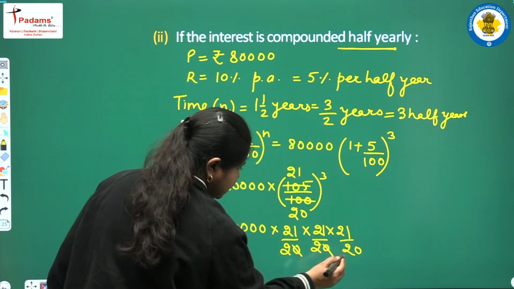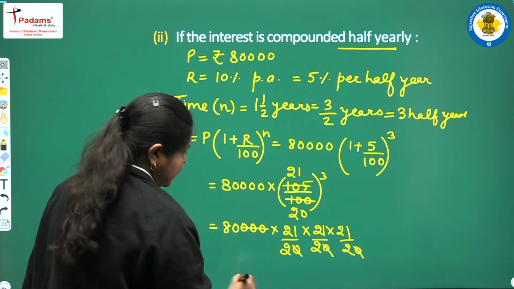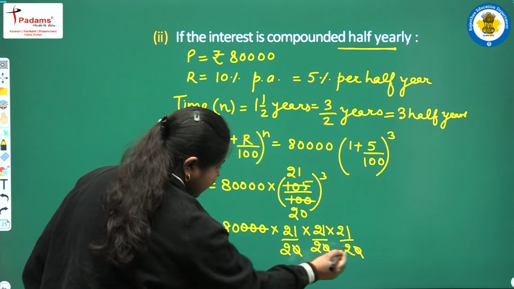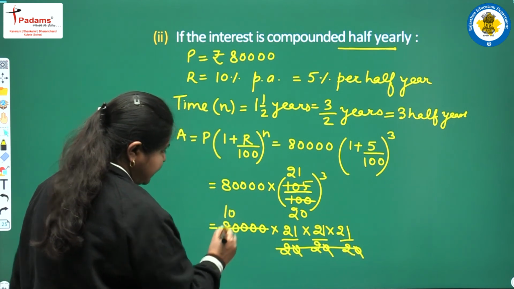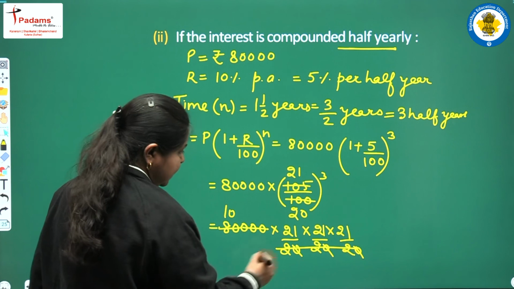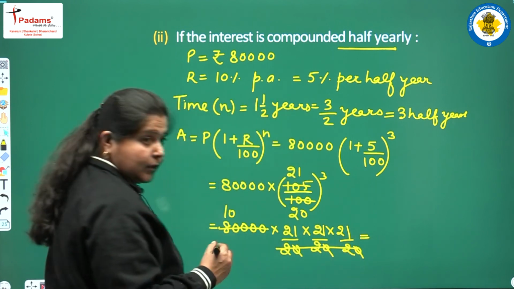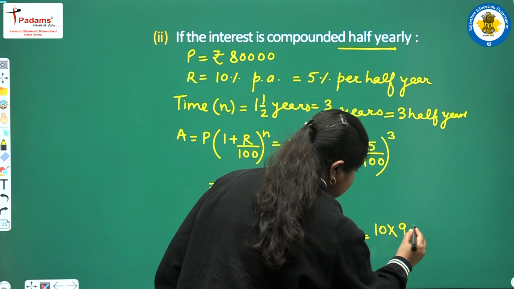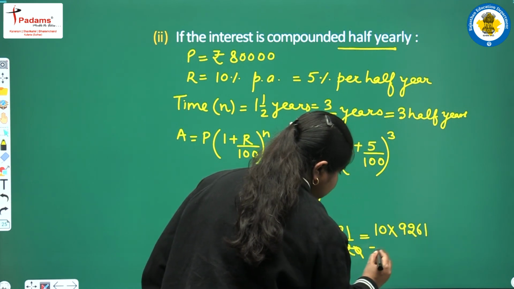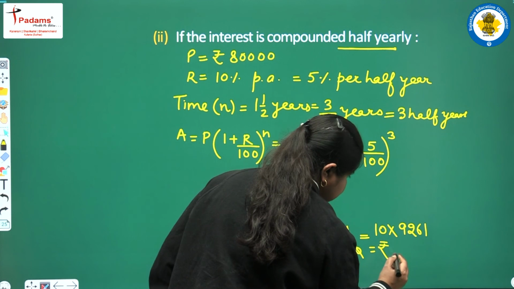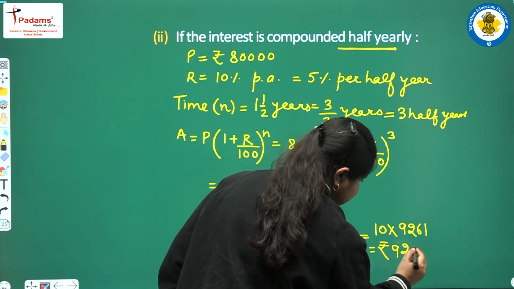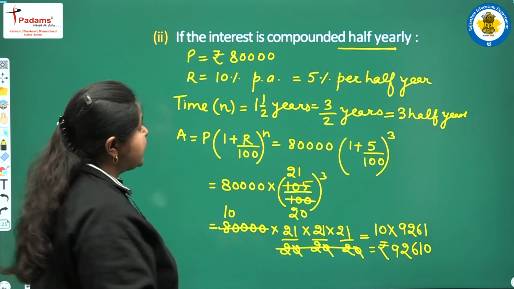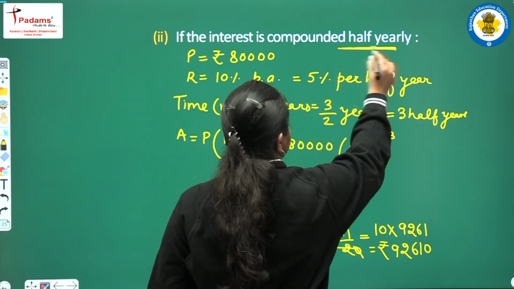These 3 zeros will be cancelled from here. Then 2 2s are 4, 4 2s are 8 और यहाँ भी 8 है तो ये 8 कैंसिल कर देगा 10 times 80 को. डायरेक्टली हमने कर दिया. Now we have 21 cube. If you will solve it, you will get it as 9,261 and in all we will get the amount as 92,610. ये हो गया amount in case of हाफ ईयरली कंप्यूटेशन.